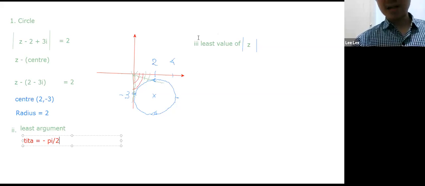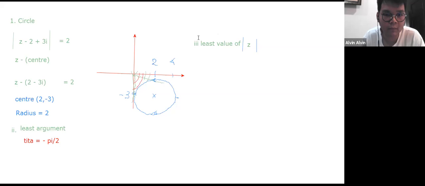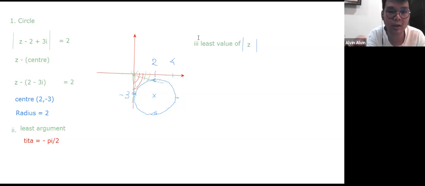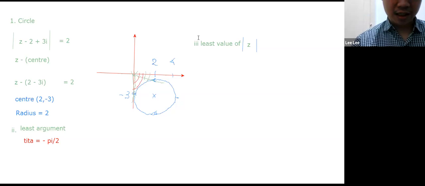This depends on your syllabus, but as far as I'm aware, in the A level, the negative angle matters. Student: How do you come to the conclusion of pi over 2? Because at the y-axis it is exactly at 90 degrees, that's why negative pi over 2.